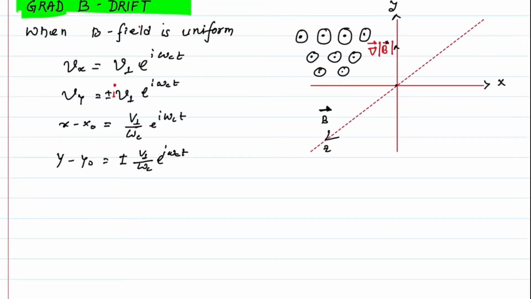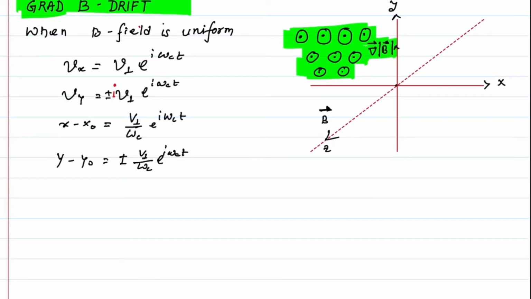Now look at this. In this case, the magnetic field lines of force are straight, but their density increases in the y direction. What does magnetic field gradient mean?